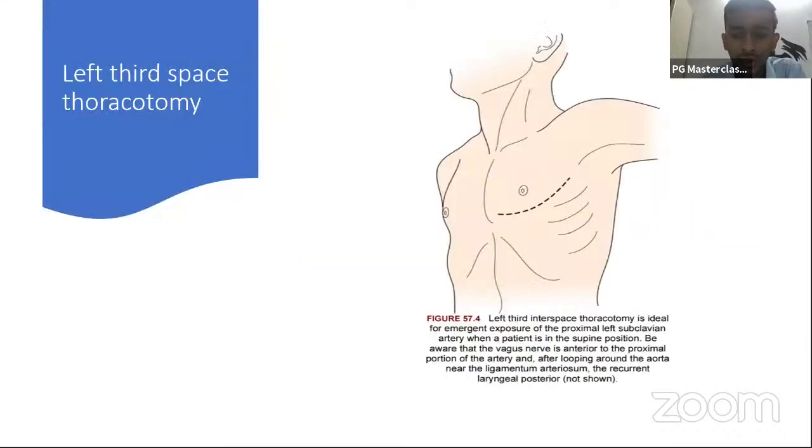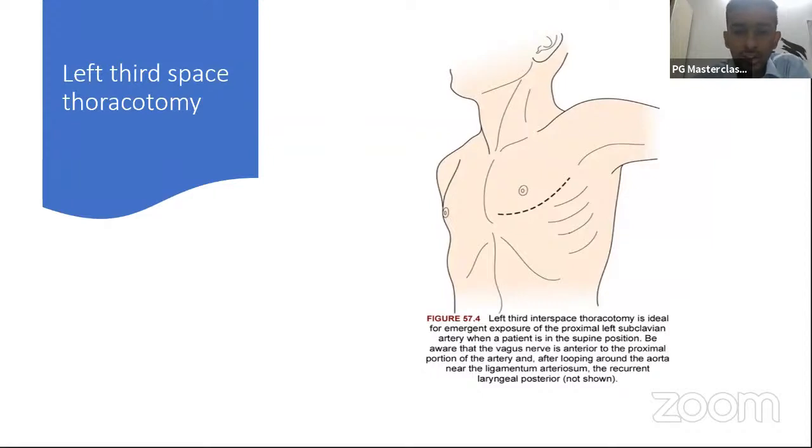On the left side, the artery arises a little bit posteriorly, directly from the arch of aorta, and the left third interspace thoracotomy is ideal for exposure of the proximal left subclavian artery. In this case, we have to remember that the arch of aorta lies very close in relation, and the vagus nerve loops anterior to the arch of aorta, giving off the recurrent laryngeal nerve.